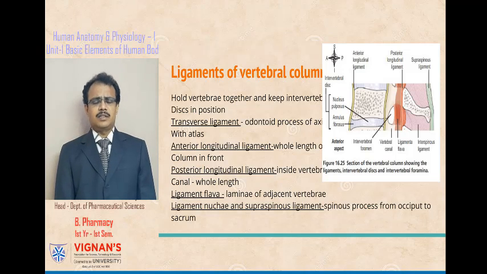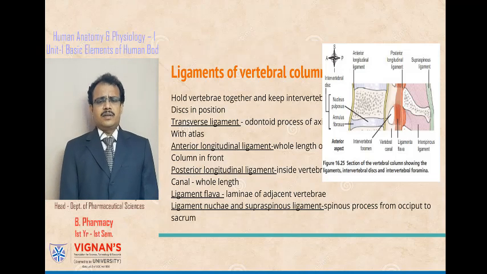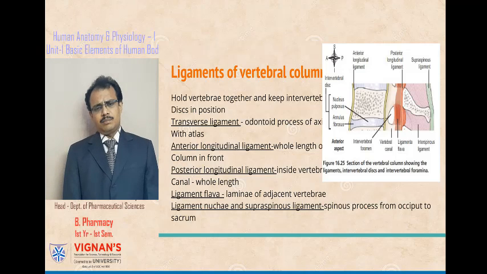from the cervical vertebrae to the lumbar vertebrae, and there is a posterior longitudinal ligament which is present within the vertebral canal, and this gives attachment to the vertebrae from the cervical vertebrae to the lumbar vertebrae.